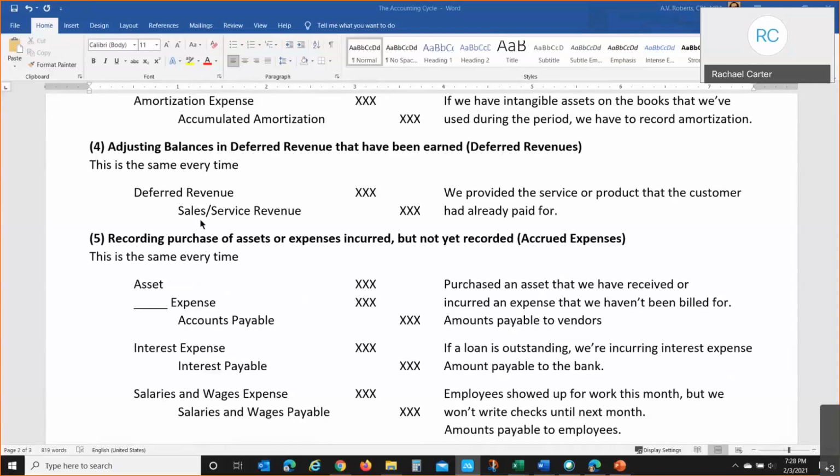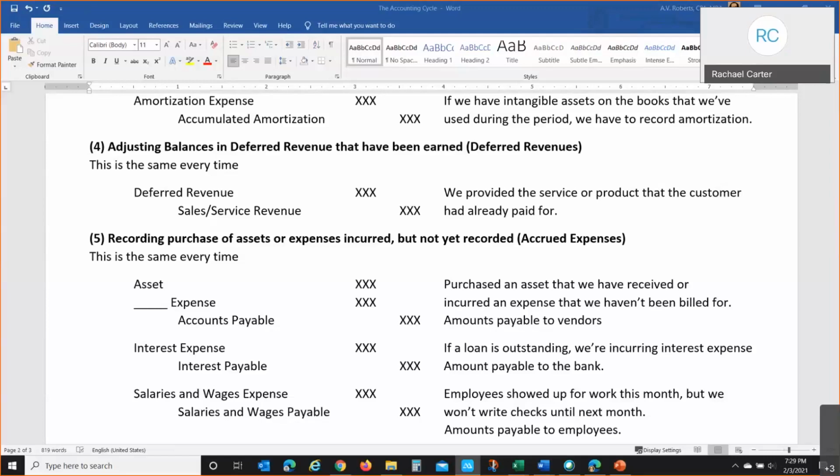We determine which based on what they used it for. Let's say we're the Apple store. Did they use the gift card to buy an app? Then that would be service revenue. If they used it to buy a set of headphones, it's sales revenue.